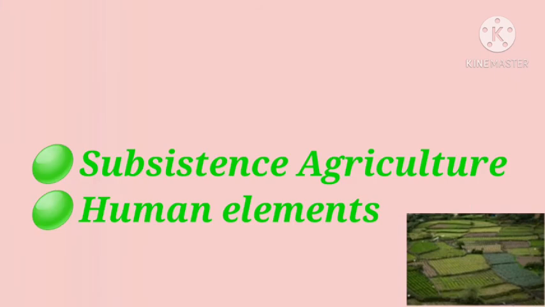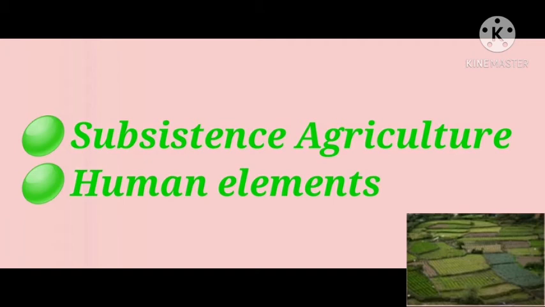As we learned earlier, Indian farmers follow subsistence agriculture. It is one of the important features of Indian agriculture. So you may know the meaning of subsistence agriculture. It is practiced only on a small land, and the farmer and his family members are the workers on the land, and they follow primitive methods of agriculture.